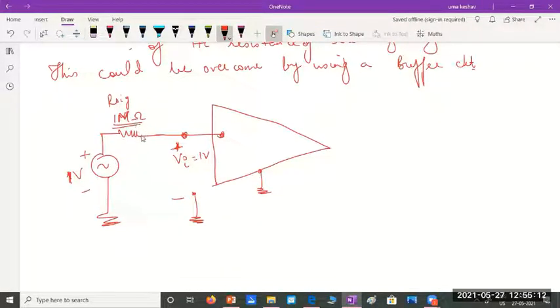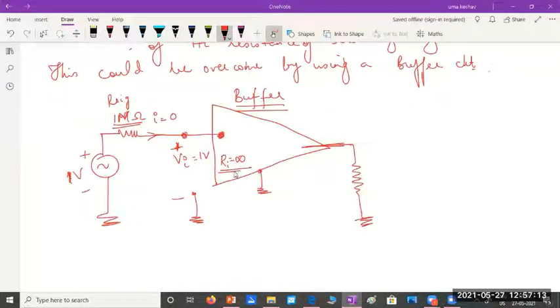You're right, the input impedance should be very high, it should become infinity. It should be an open circuit here. If it is an open circuit, I will be 0 and the drop across this resistance will turn out to be 0. As simple as that. So you got the first condition which is needed in a buffer.